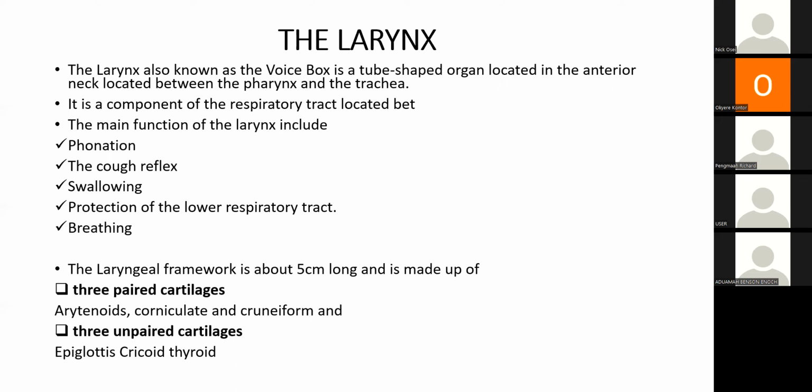And the laryngeal framework is about 5 centimeters long and is made up of 3 paired cartilages. So kindly take note of these, the 3 paired cartilages and then the 3 unpaired cartilages.